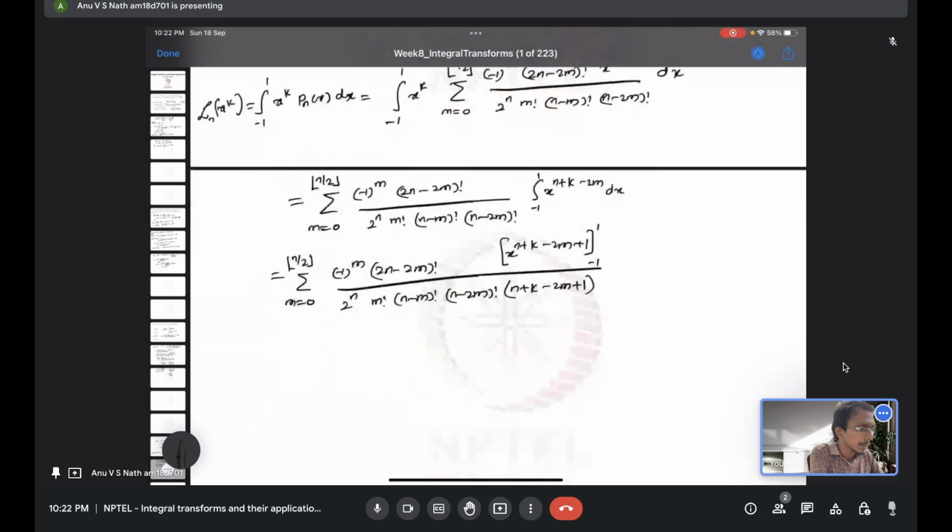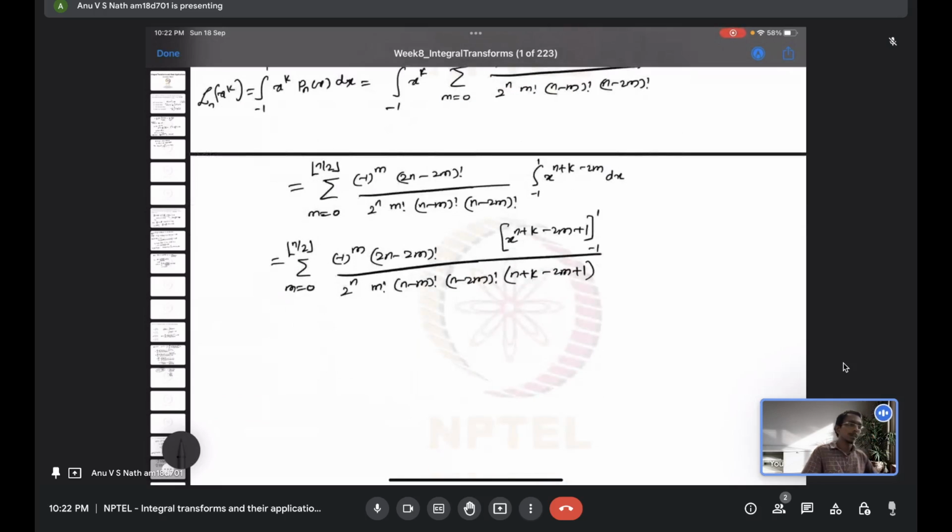Now the thing is that unlike earlier, where k was also equal to n, so they would join together to become 2n, here that will not happen. You will have n and k added, and depending on the nature of k and n, you will have a variety of solutions.